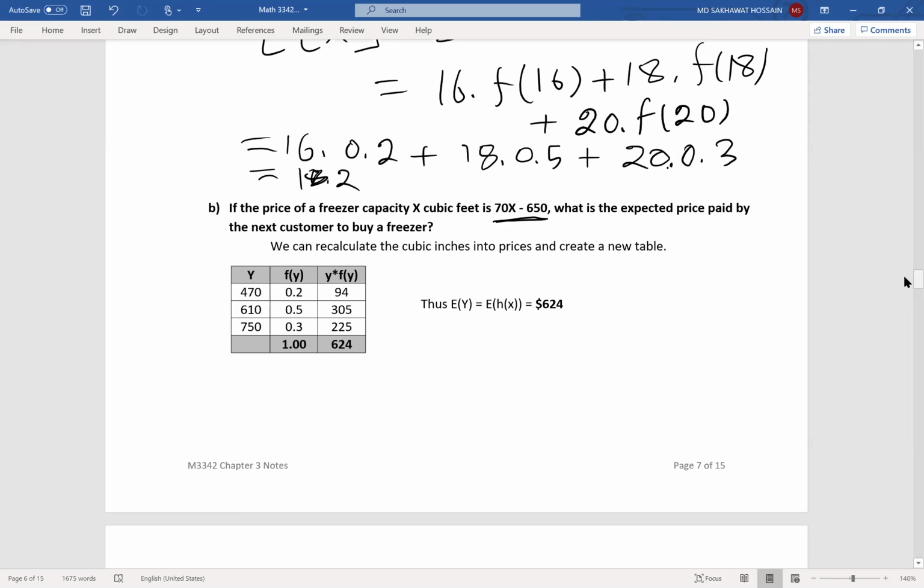Here we do not want to find the expected capacity. We want to find the expected price, which is a function of x. So we want to find the expected value of this function.